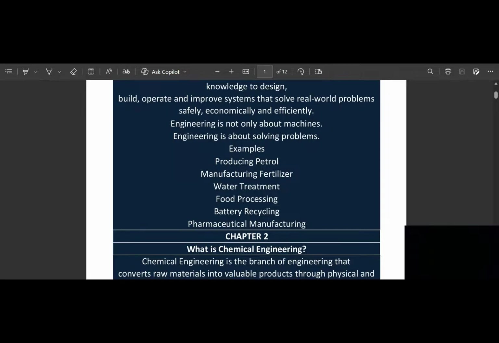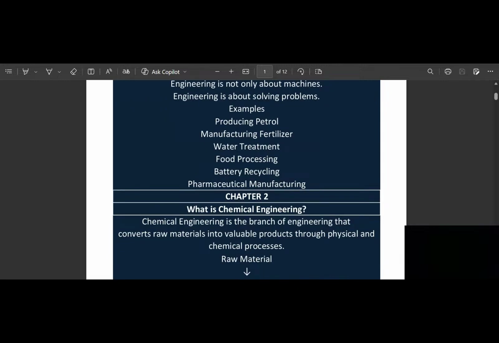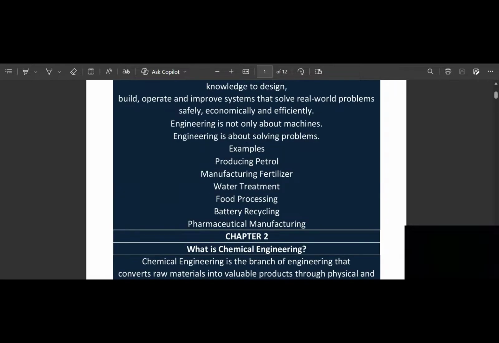This list is limited, but a lot of sectors are there in the market. For your understanding, I have given a few examples.